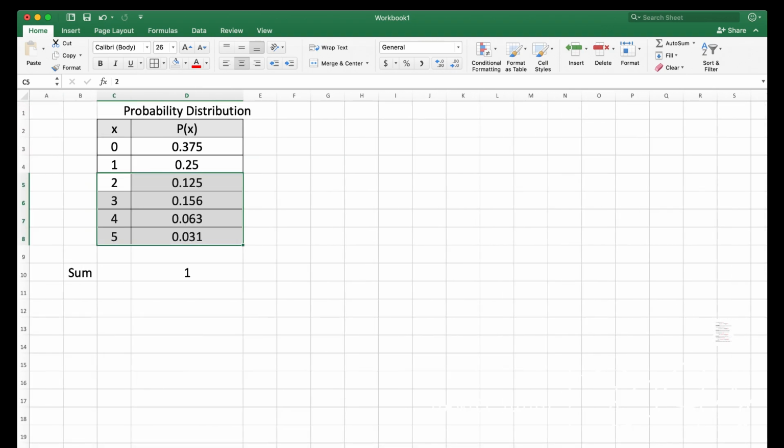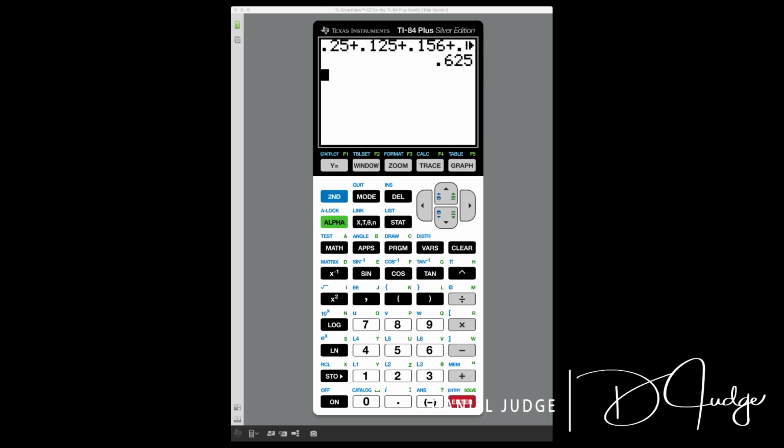Okay? So we're going to go to our TI-84. Let's add the values we said we were going to add. 0.125 plus 0.156 plus 0.063 plus 0.031. Double check to see, ladies and gentlemen, if I'm adding the right things here.